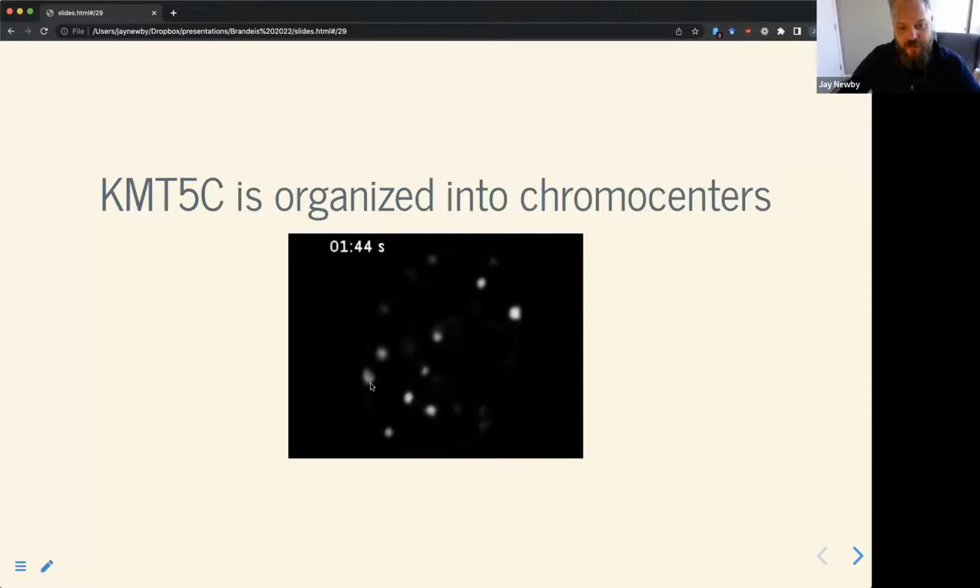Anyway, KMT5C organizes inside of what are called chromocenters, and this is a partial bleaching of that chromocenter. What you can see is the typical idea of mixing.